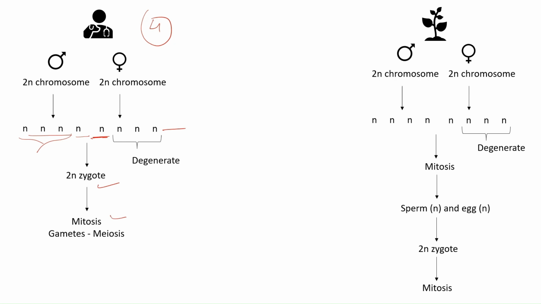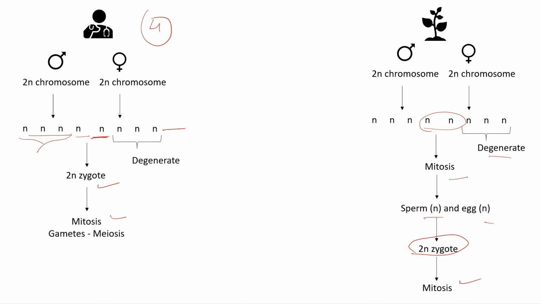Now what happens in plants is similar. The male and female have 2n chromosomes. They form gametes, one n from father, one n from mother. They combine, and the rest get degenerated. In plants, they undergo mitosis first, and then they form sperm and egg. After they form sperm and egg, they combine to get a 2n zygote, and then it again undergoes mitosis to increase the cell number.